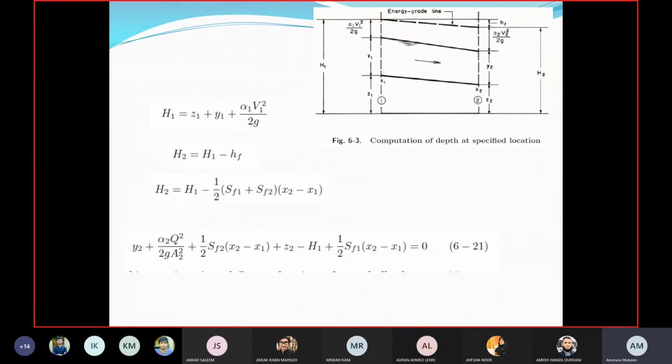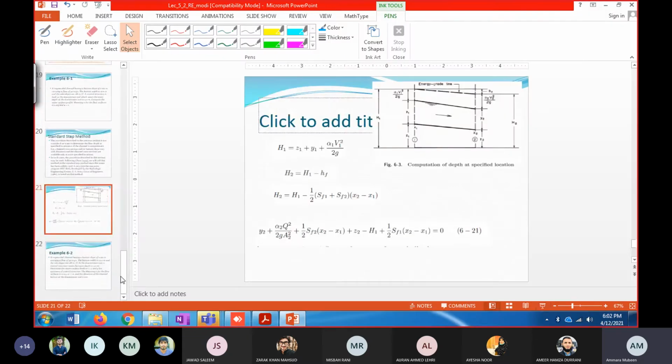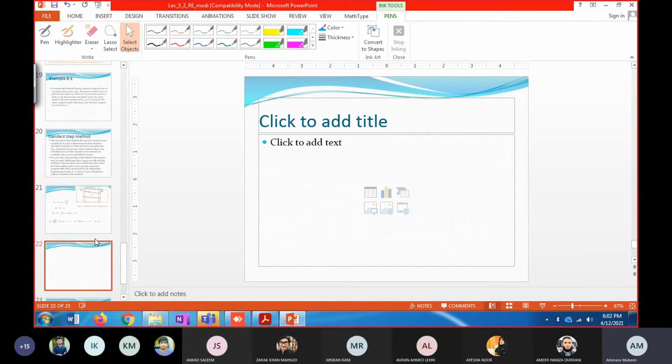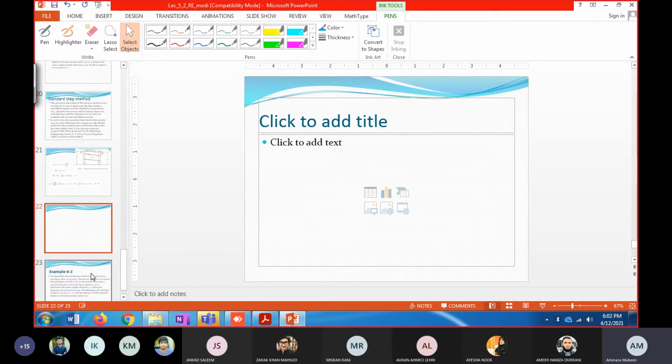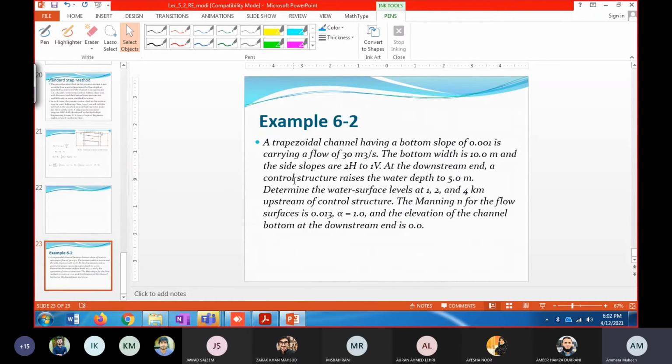So, how can we remember these steps? Let's take the example of this question, and then we'll discuss this example, and I'll let you know how to proceed for this method and how to remember these steps. So check this question: a trapezoidal channel having a given bottom slope is carrying a flow of 30 meter cube per second.